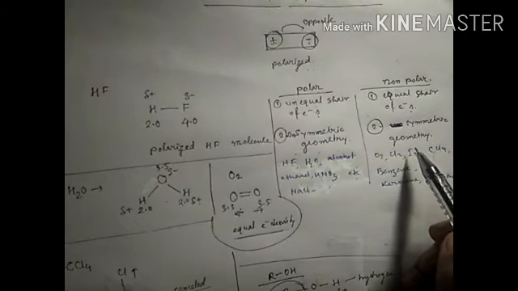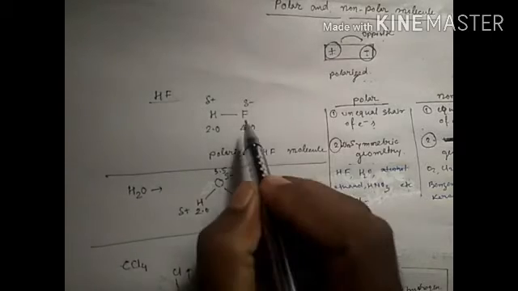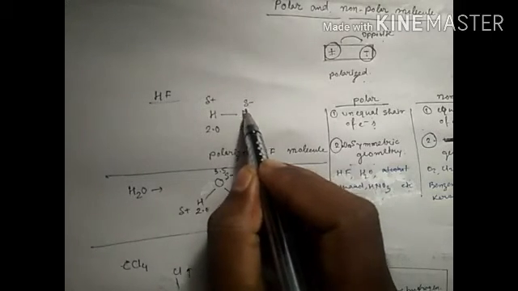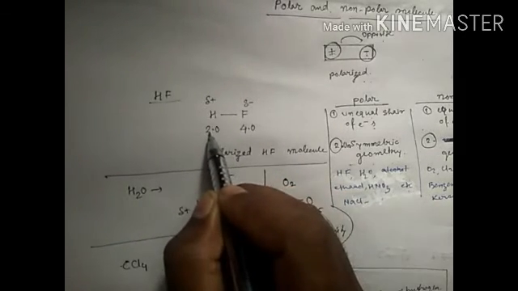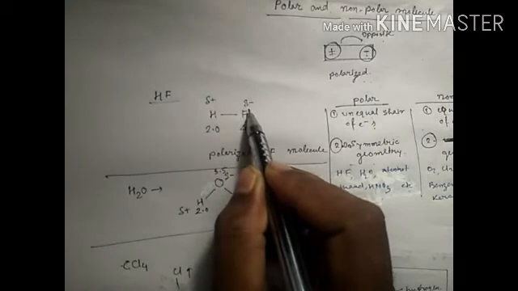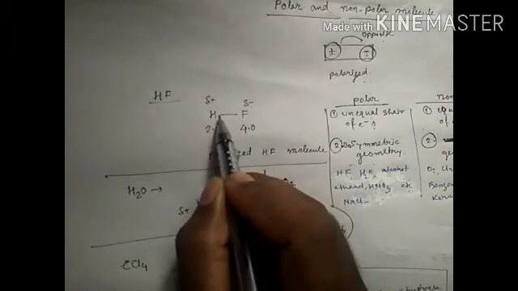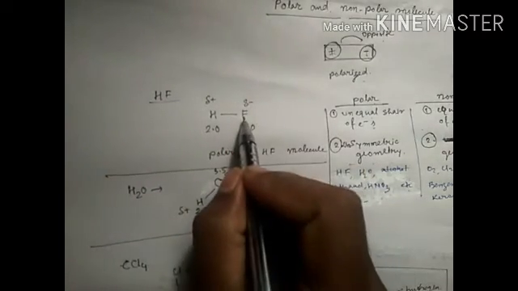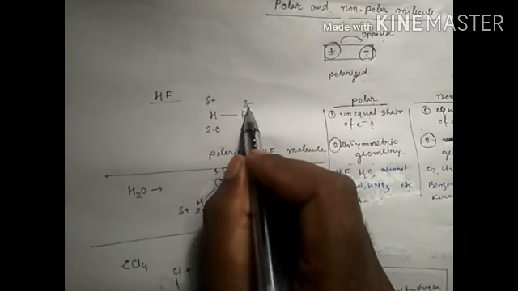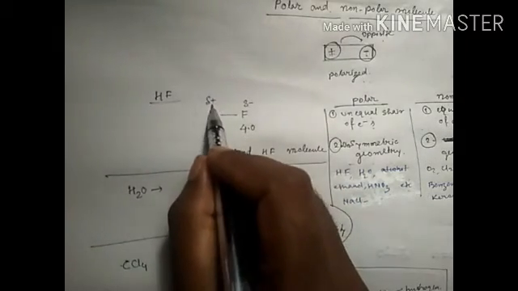Now how is it symmetric or non-symmetric? Let us take an example here. The first example is HF, hydrogen fluoride. You can say hydrofluoric acid, HF. Due to the most electronegative nature of fluorine, which has a value of nearly 4.0, and hydrogen is 2.0, the electron density of the hydrogen and the bond is pulled a little towards this fluorine, which makes it partially negative and makes the hydrogen partially positive.